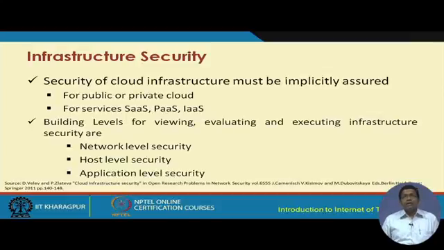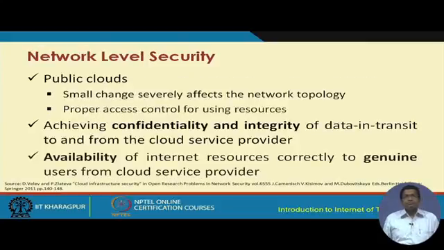So, security of cloud infrastructure must be implicitly assured for public or private cloud, for services such as SaaS, PaaS and IaaS. Levels of viewing, evaluating and executing infrastructure security include network level security, host level security and application level security.